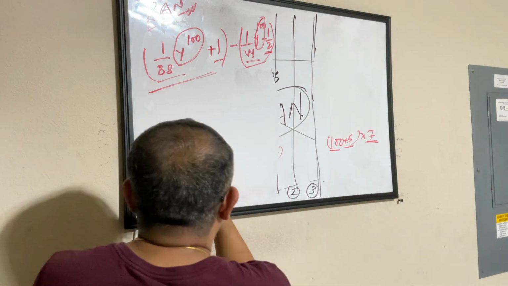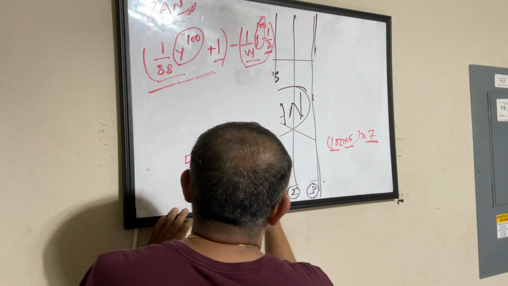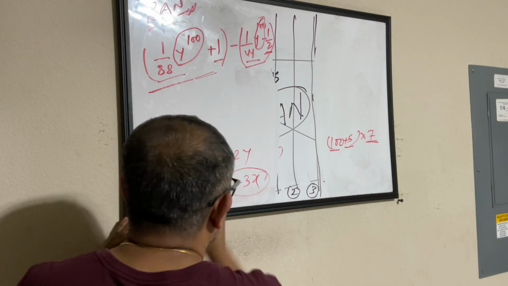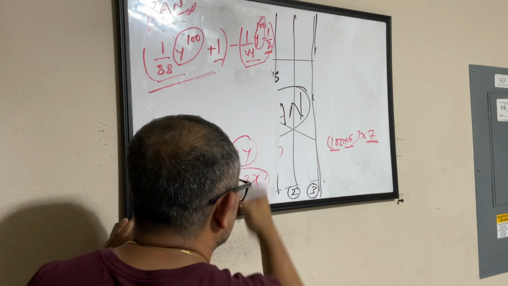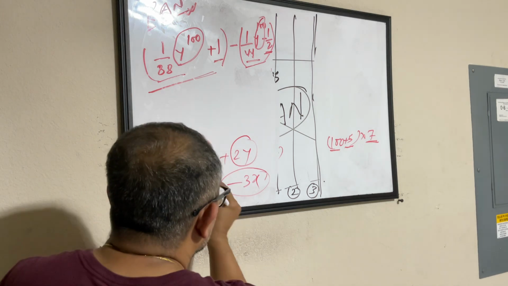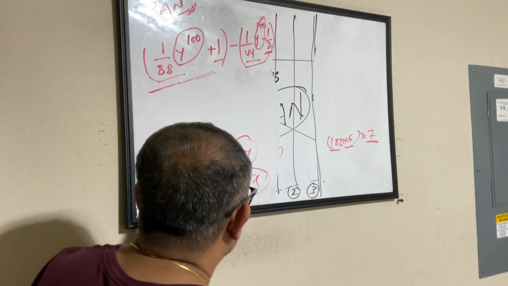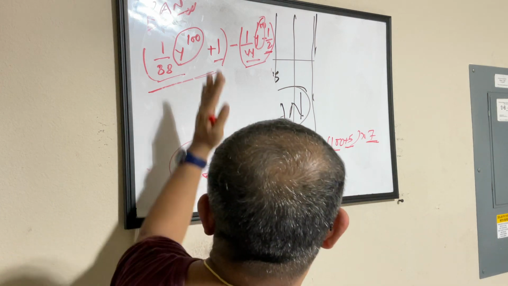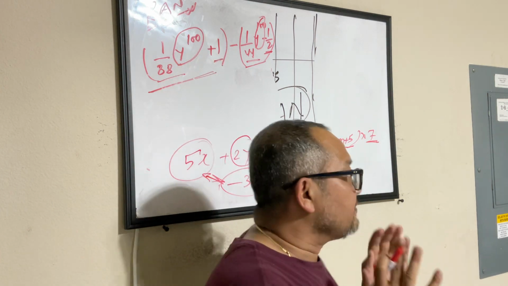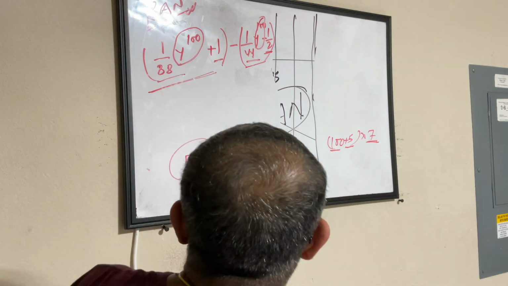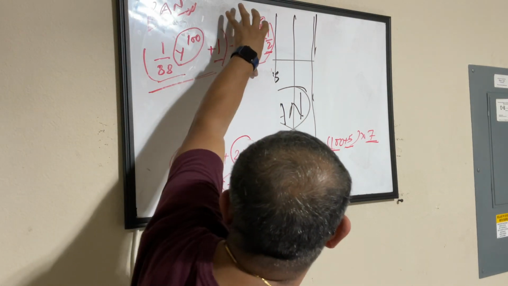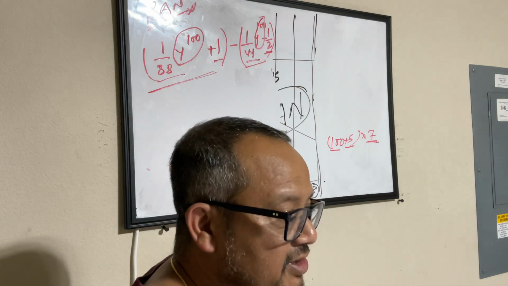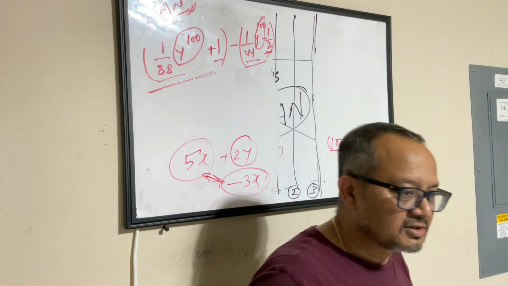If I have 5x plus 2y minus 3x, these are my apples, I will deal with them together, and this is my oranges. I will only deal with these two things together. x and y will never get added together. They will remain as separate entities, right? So from an approach point of view also, when you read this question, you will see, okay, fine. This is one part, this is another part. They will be dealt together. This part and this part are similar. They will be dealt together, and then you can do the rest of the magic.